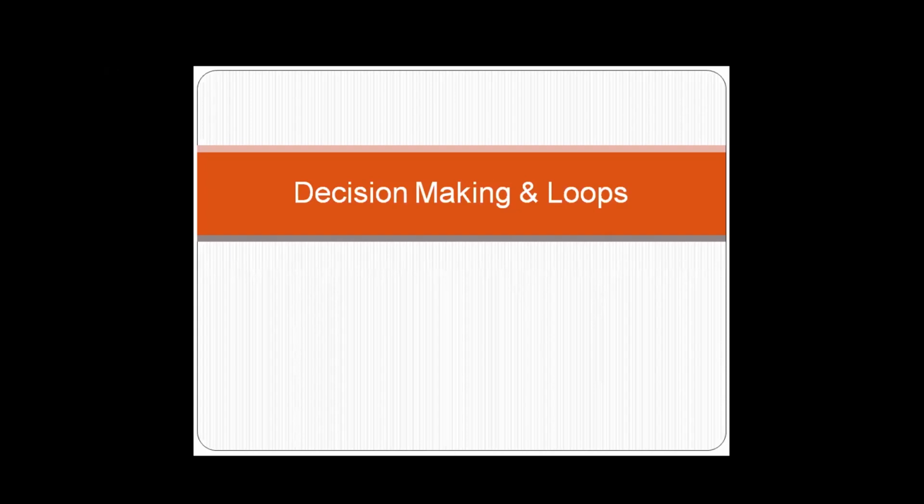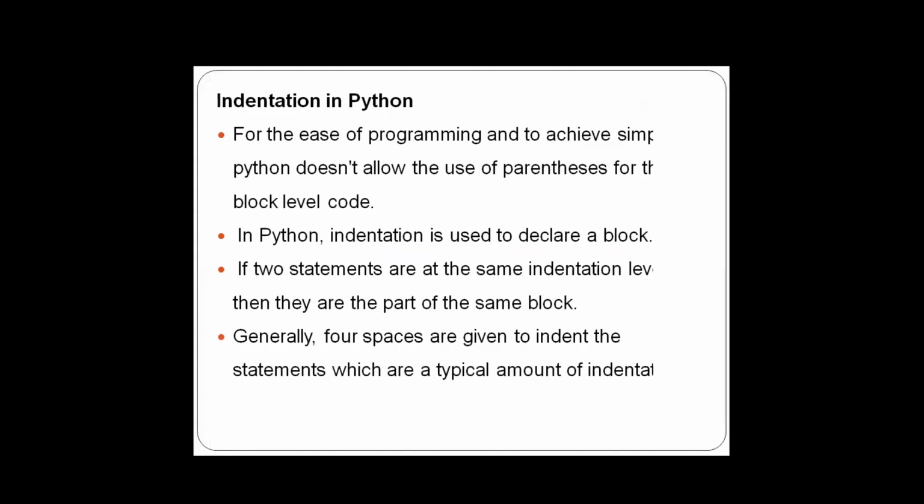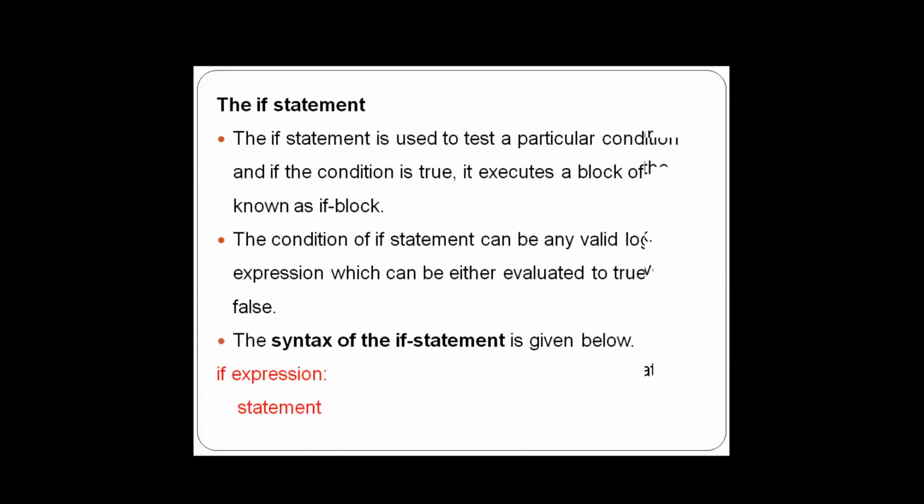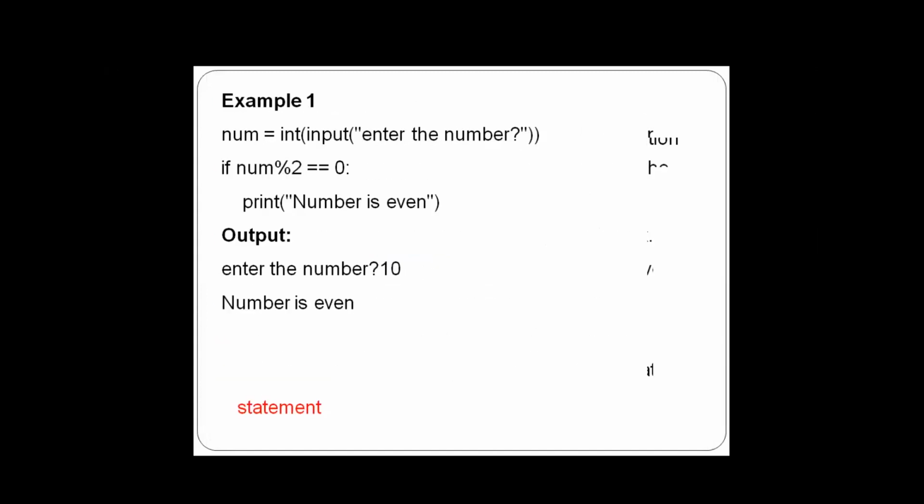When you talk about decision making and loops, you know that you will have your if statement, else part, else if, and you will also have your switch case, for, while and do while under your loops. But now when you take Python, you will not have any switch cases. Also remember that in Python, we don't use any opening and closing curly braces.